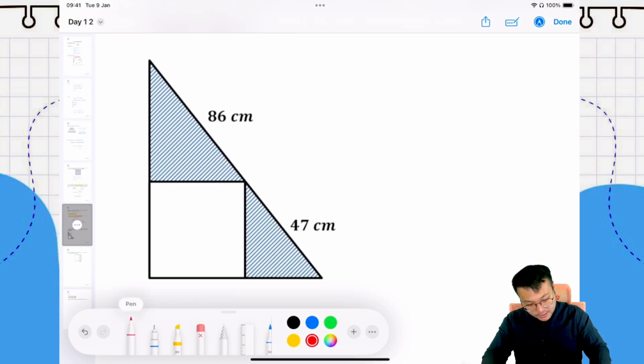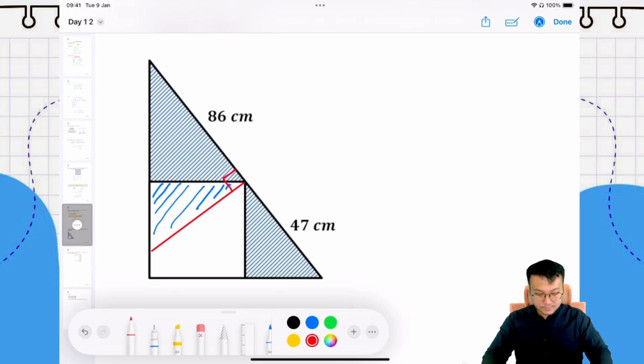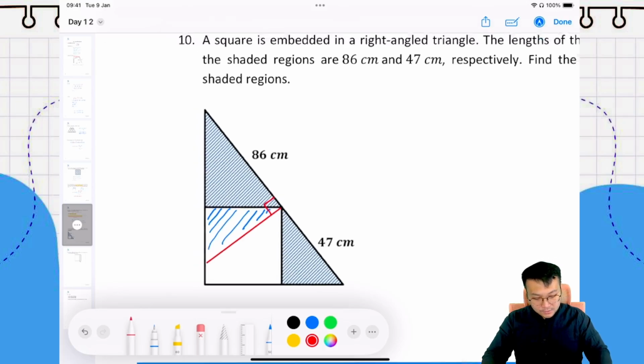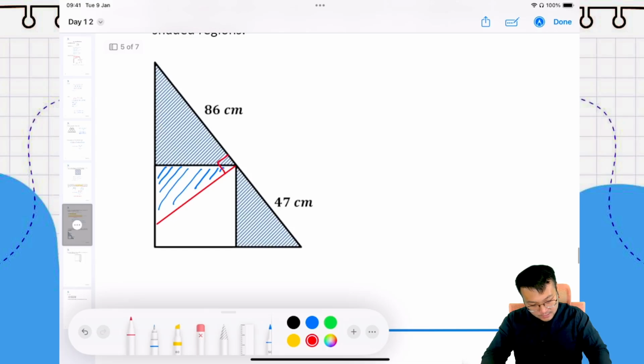So if I rotate the triangle here, and then this whole part becomes shaded, what is the angle here? Do you agree? 90, yes, because A plus B is 90 degrees. So that's the case. Then this is 47, so this must also be 47. You agree?